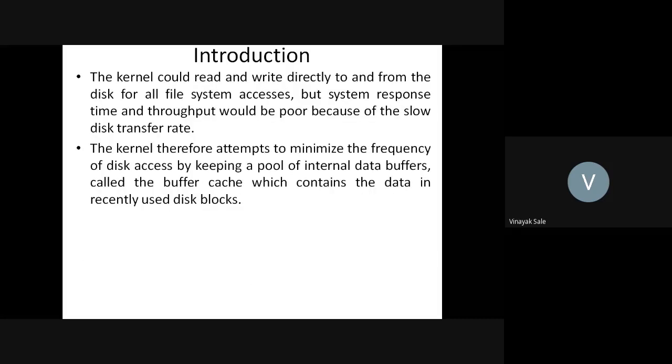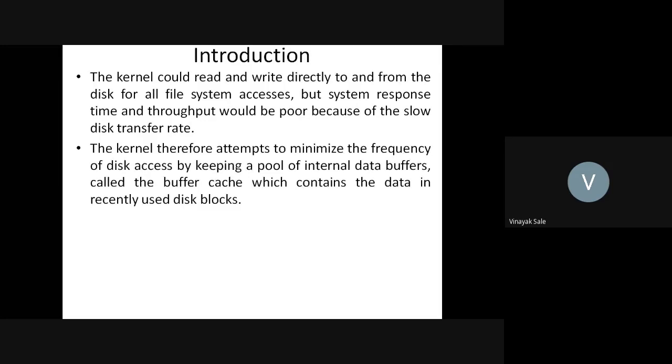The kernel could read and write directly to and from the disk for all file system access, but system response time and throughput would be poor because of the slow disk transfer rate, that is, it requires more time.